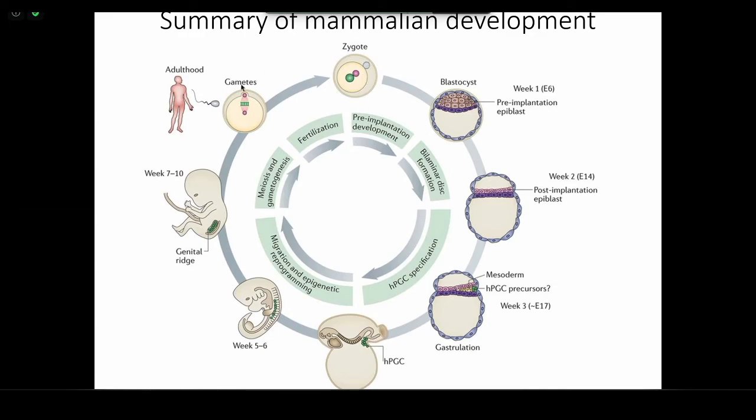Now, there are several interpretations of this. One is that whatever happened in the gametes, everything that I've told you, is transmitted to the zygote, early during early development, the bound transcription factors, and those transcription factors bound are transmitted to the precursors of the germline during gastrulation.